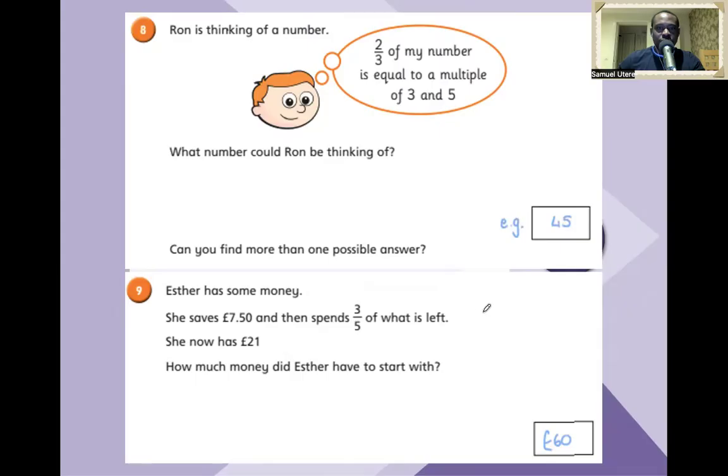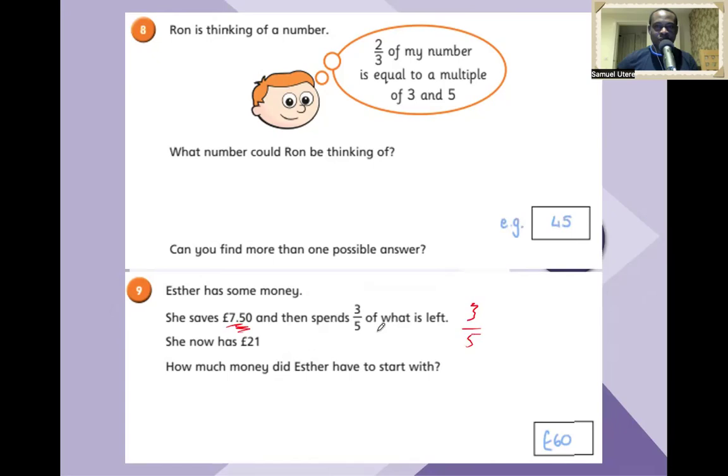All right, so she now has £21. Okay, so this is a bit like saying, she spends 3/5 of what she has left. So 3/5 of what she has left. She saves £7.50. So this is what she saves.